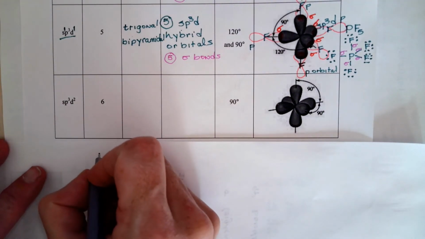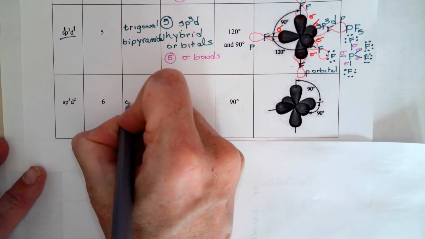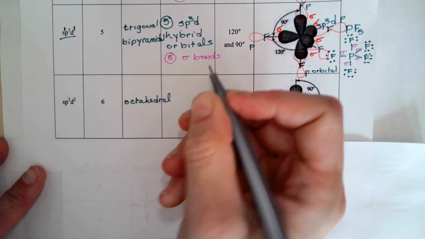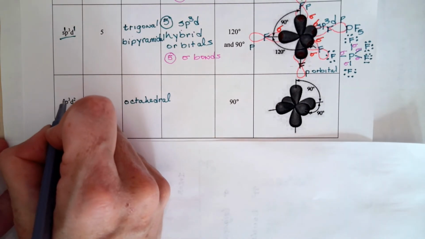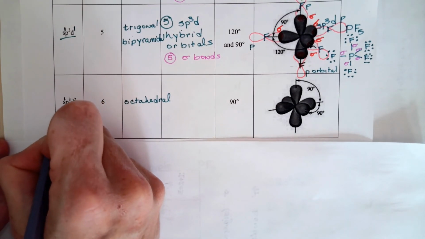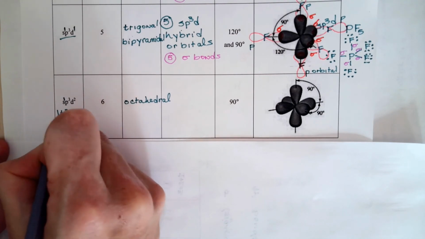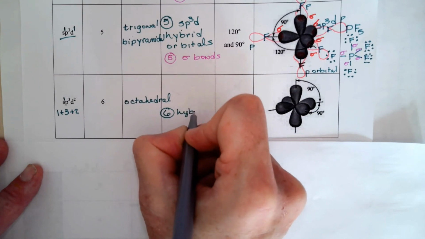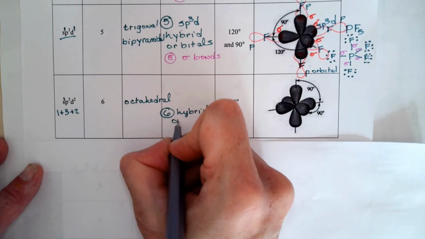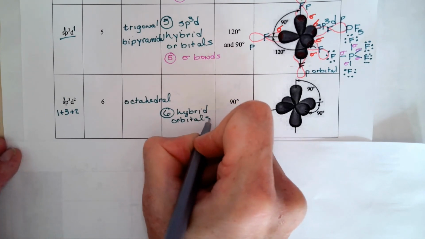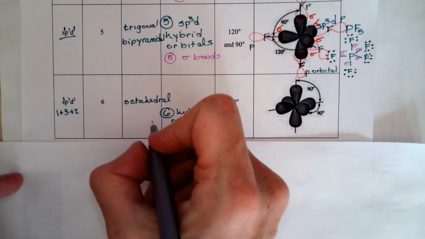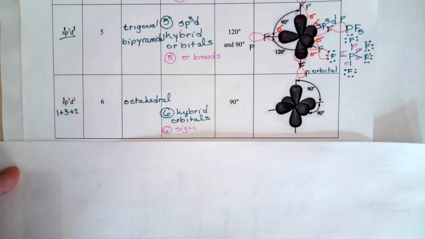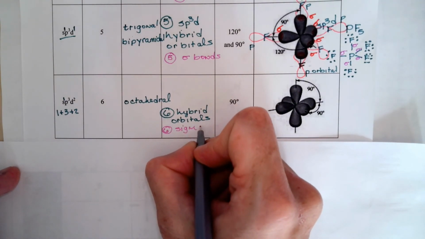So for our last example, we want to look at something that exhibits octahedral electron geometry. The octahedral electron geometry comes from the fact that there's 6 hybrid orbitals. Along with, or because of those 6 hybrid orbitals, there will be 6 sigma bonds in molecules with sp3d2 hybridization.